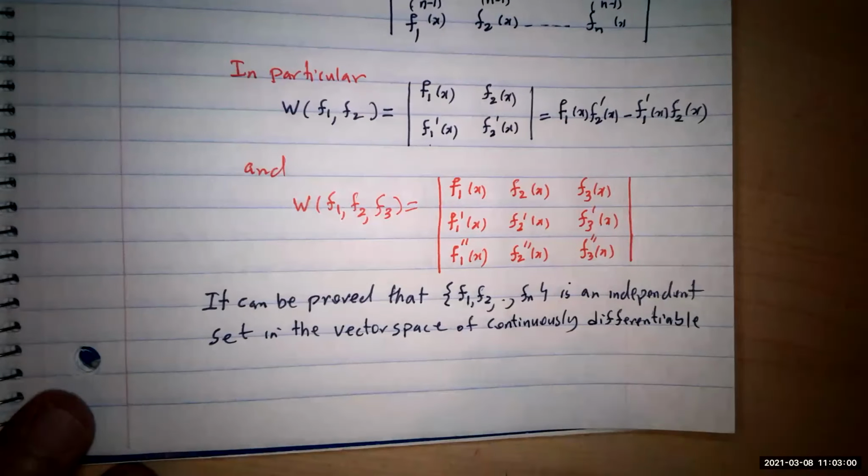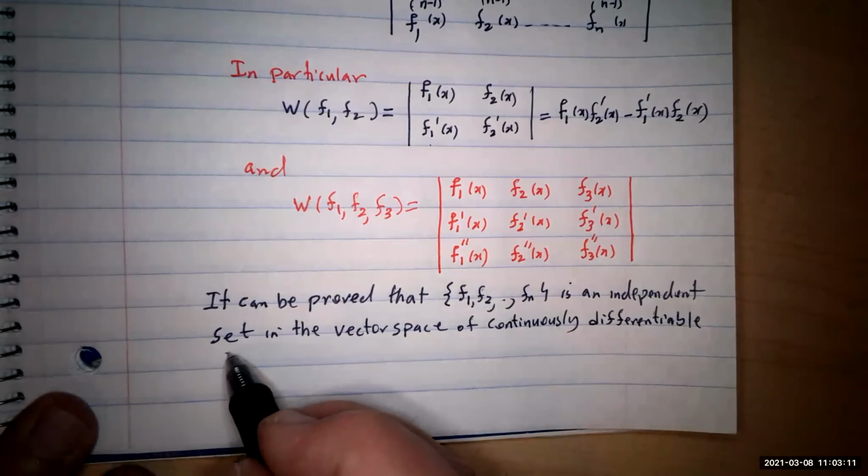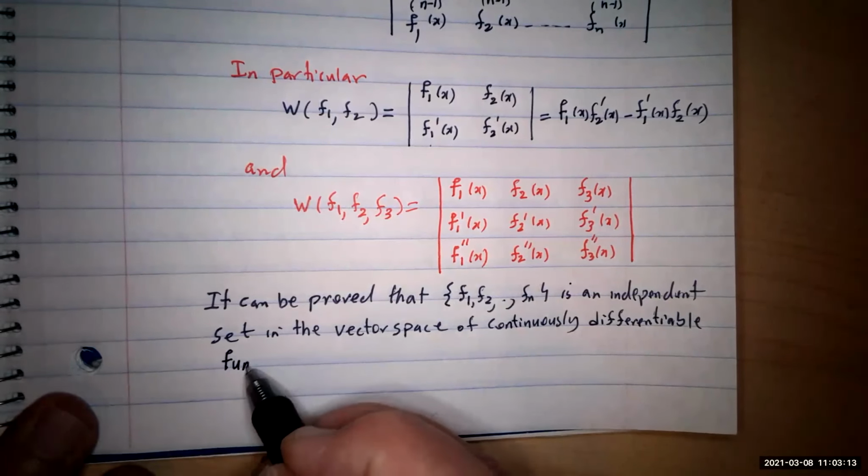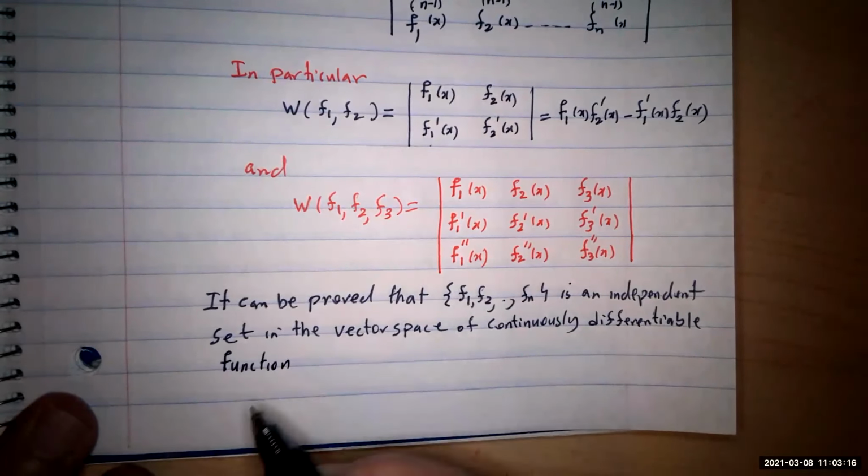If a function is differentiable, the function is continuous, but you don't know anything about f prime. That's why they call it a continuously differentiable function. In the case of complex numbers, this condition is always true, but not for the reals.